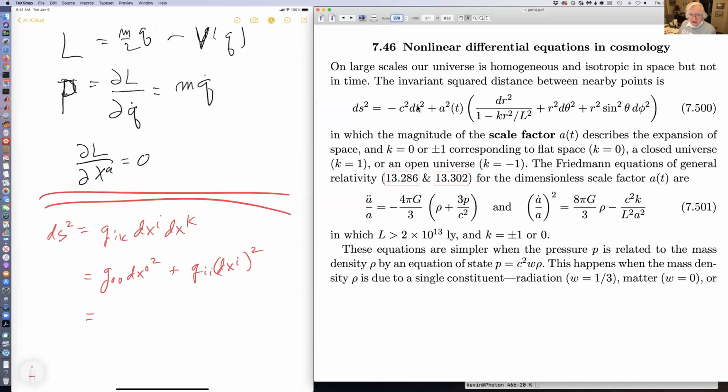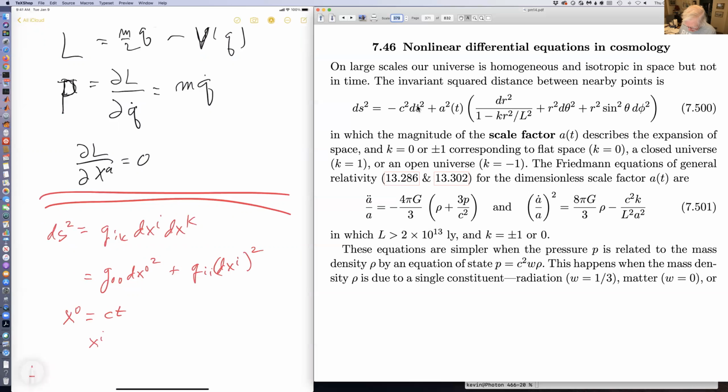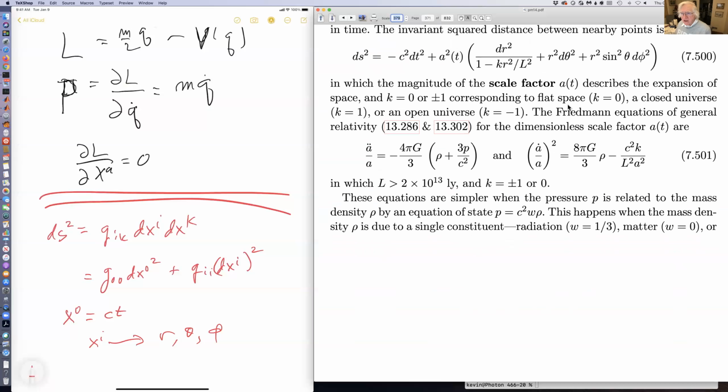In this particular case, x^0 is ct, and the x^i's are chosen in things like r, theta, and phi. And what one has then is this expression. So this is maximally space symmetric.